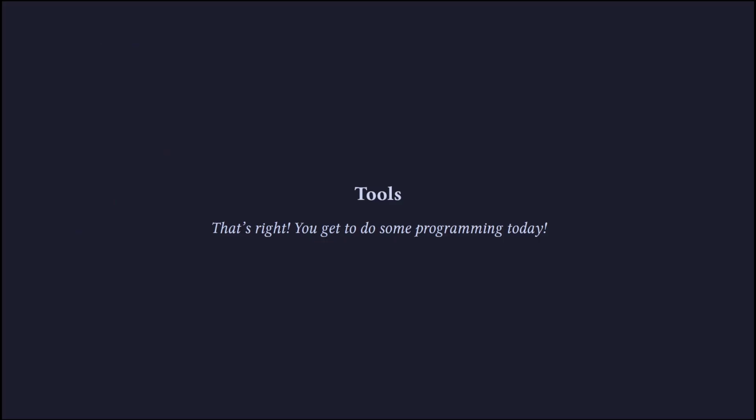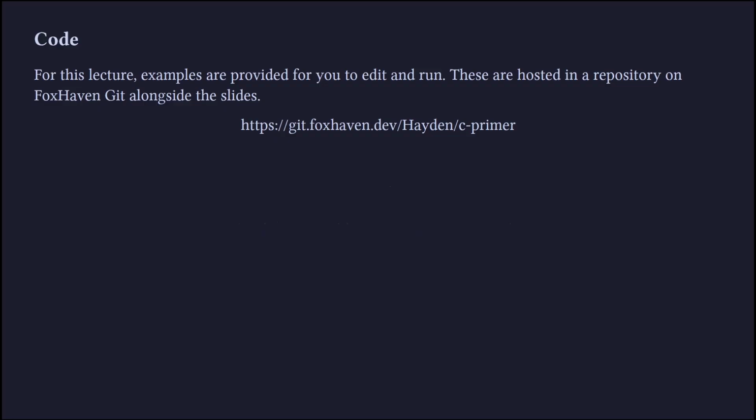Right, for this talk, we're obviously going to be running a couple of examples, doing some exercises, and to do that, you're going to need a couple of tools installed. The code for all of this is provided on Foxhaven Git.